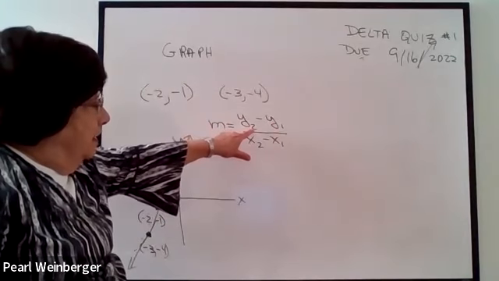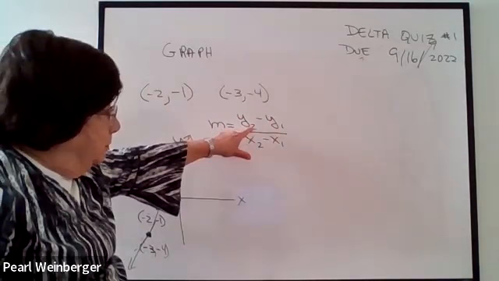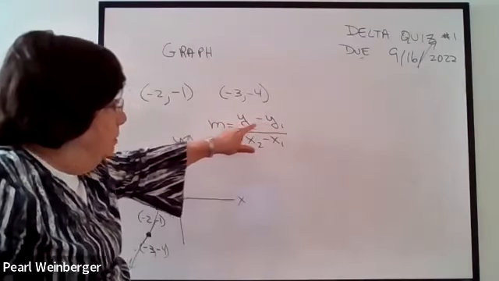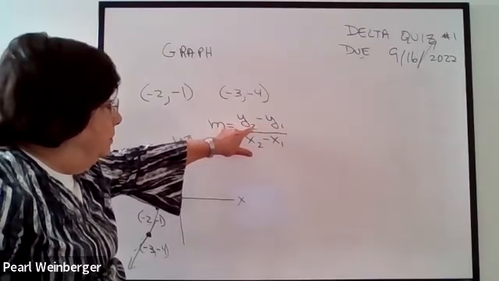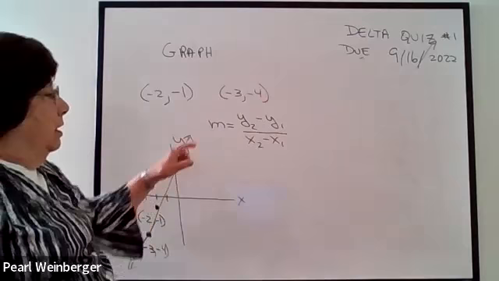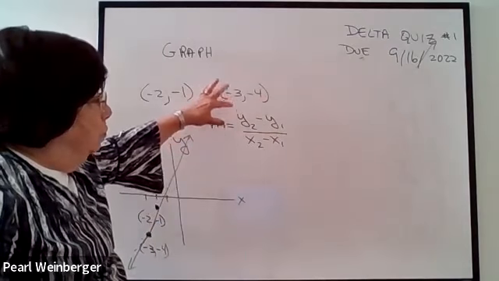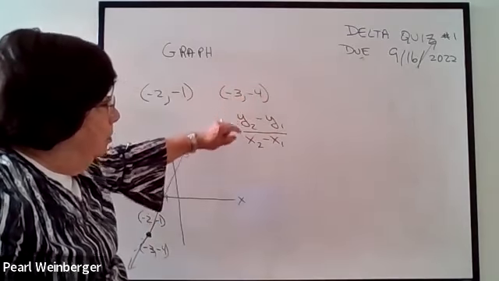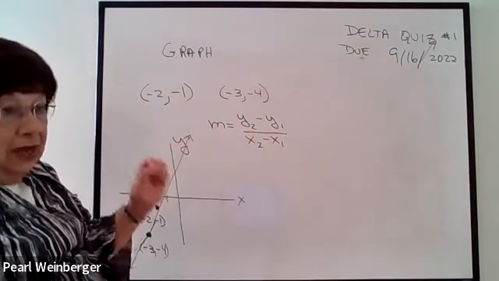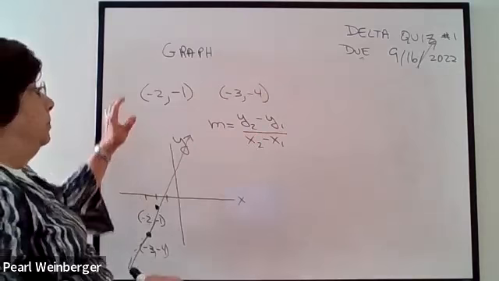Notice these are not exponents, they are subscripts. It's just the difference between y2 and y1: this is the y of the second point, this is the y of the first point. Notice we subtract y2 minus y1 over x2 minus x1. Let me show you exactly how it works on this problem.